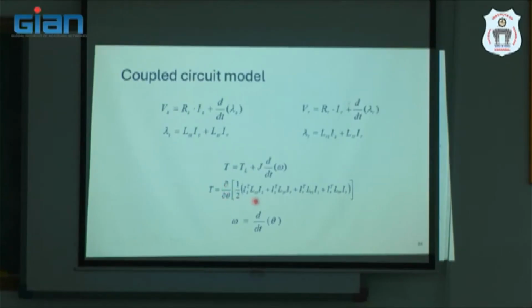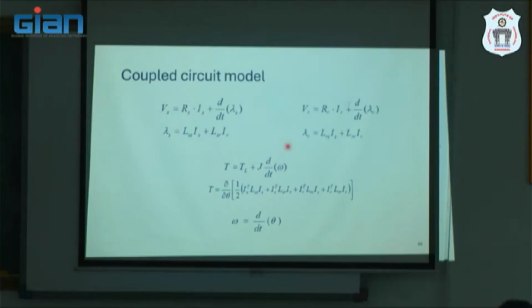Usually half L i squared is what we would use, but because this is a matrix, we have to use appropriate dimensions. That's why we have IS transpose LSS IS plus IR transpose LR IR plus the mutual inductance terms. Okay. So these equations themselves are very standard, whether you want to model the motor for eccentricity or normal conditions.